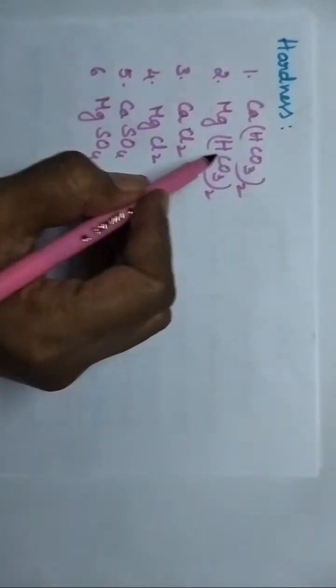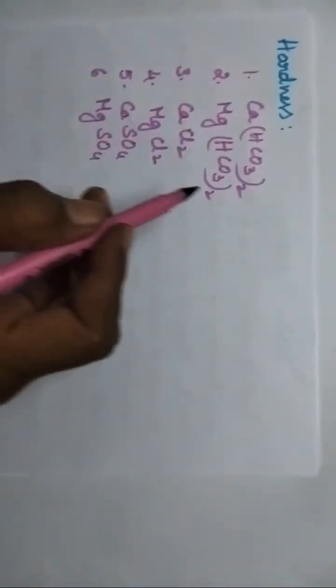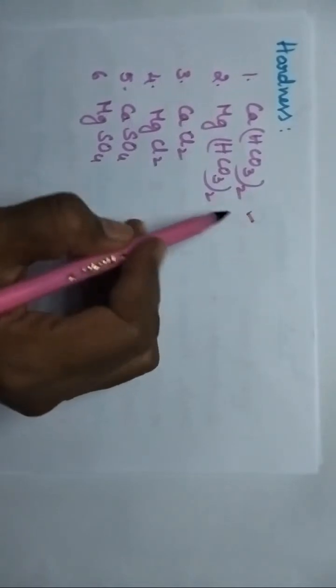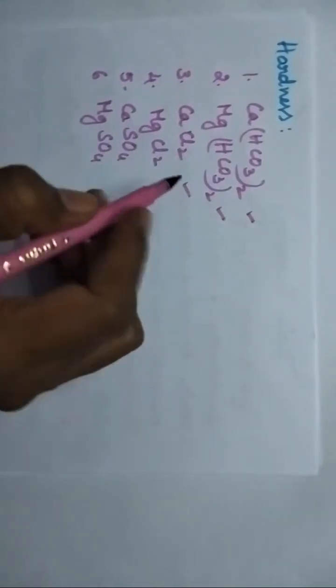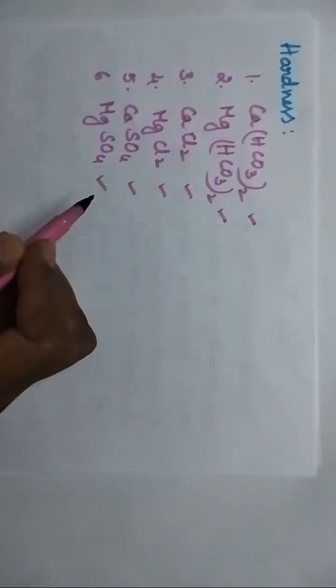So 6 salts are responsible for the total hardness.